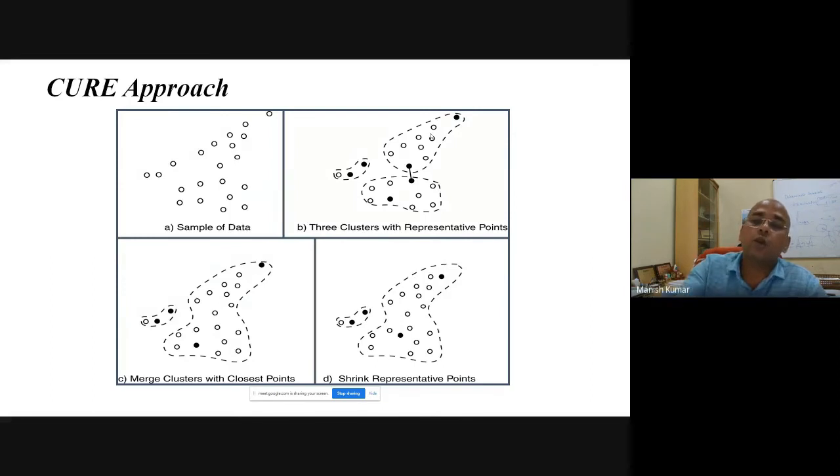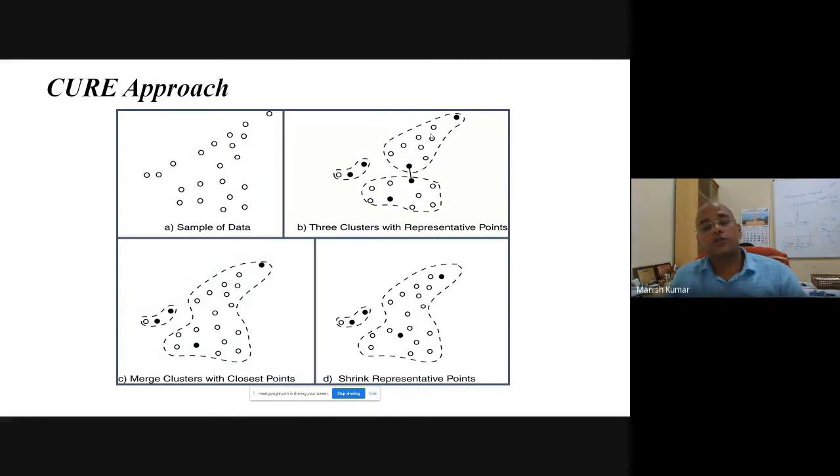So in that case these two can be merged as one cluster, and now these two representative points become the representative points for the merged cluster. Now these two points may not be a part of your cluster data set, or may be a part of the data set as well. So it is not necessary that these two representative points would always be a part of your data set.